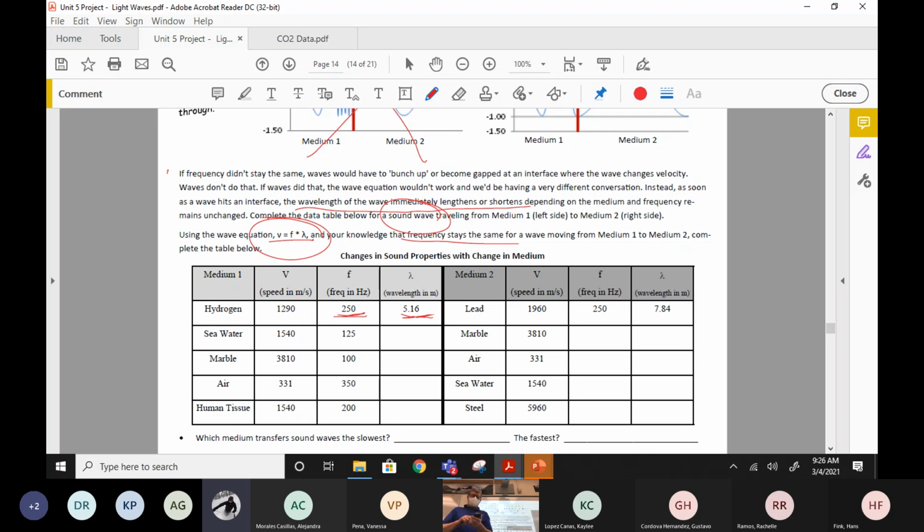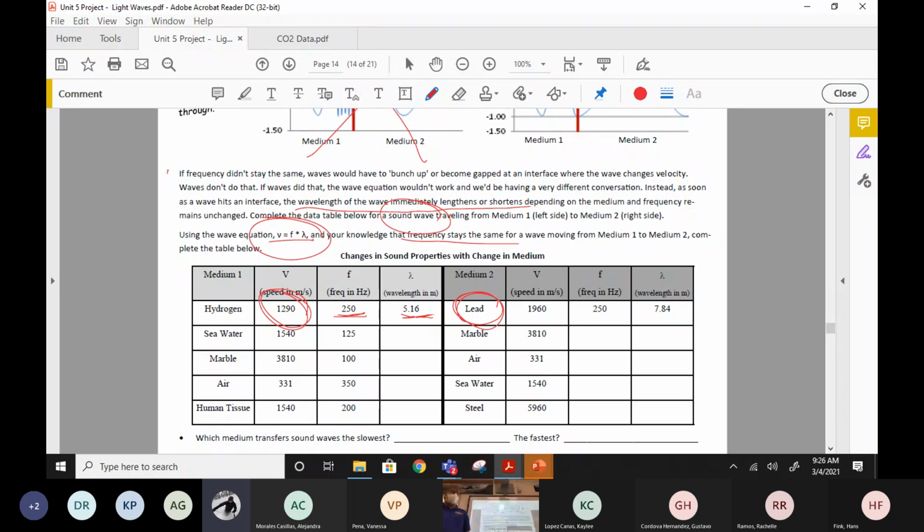Please multiply 250 times 5.16. What do you get? 1,290. Hey, look right here. What's the velocity of sound through hydrogen? Did it work? Yeah. Double check it on lead over here.